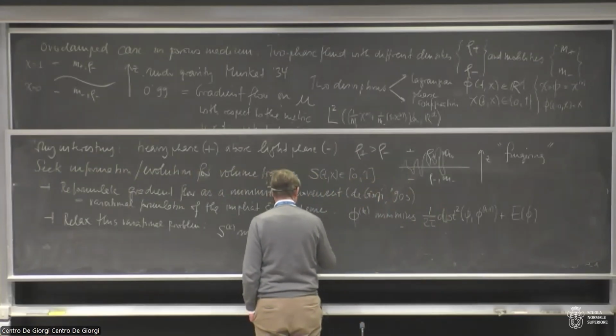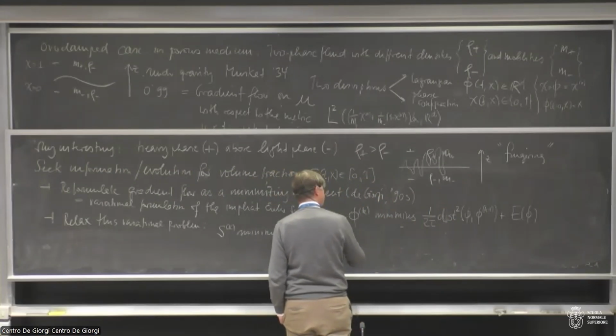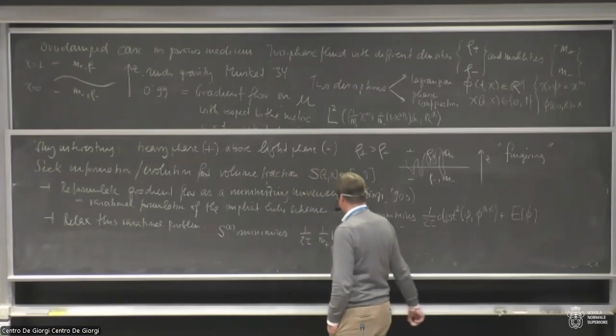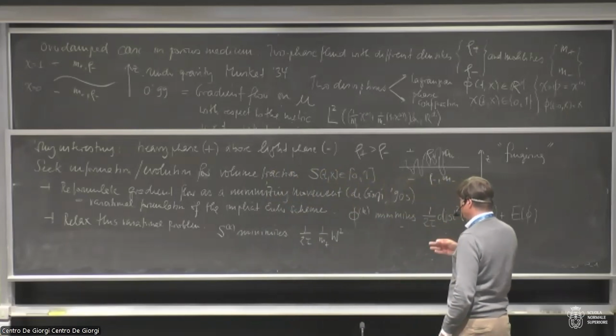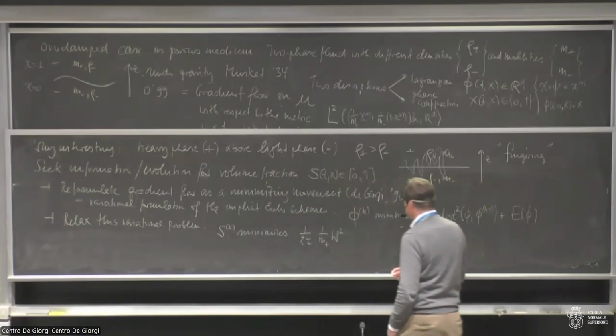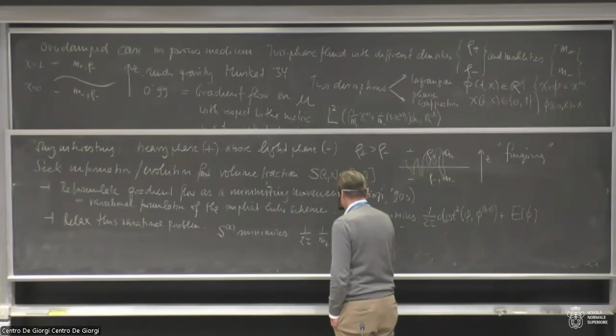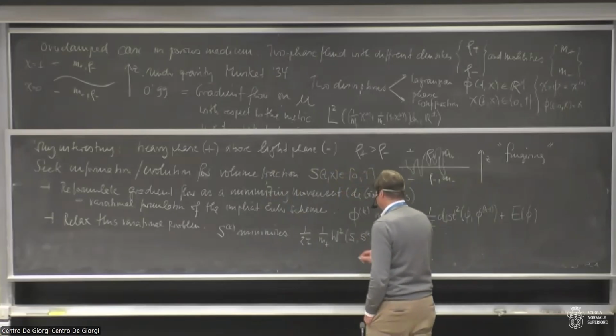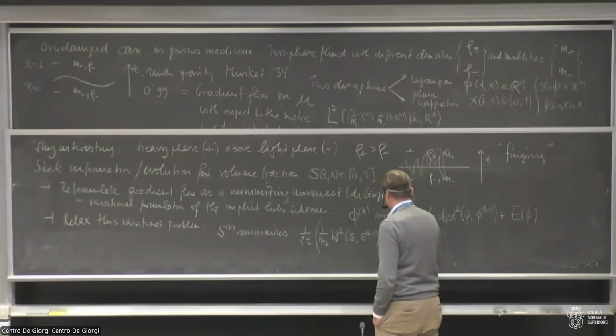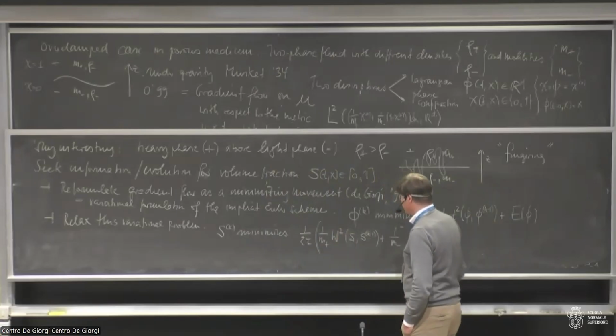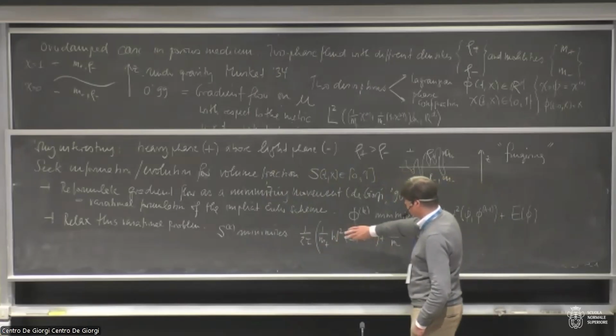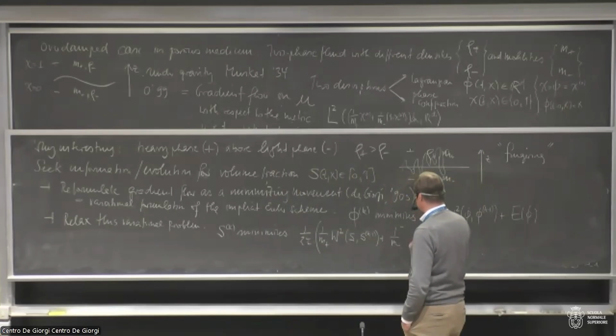So 1 over 2 tau, that's built in. And then it's 1 over m plus times what is called the squared transportation Wasserstein distance between S and S_{k-1}, plus 1 over m minus times the squared distance between 1 minus S and 1 minus S_{k-1}. Remember that those are the mobilities, so it's not surprising that the reciprocal comes up in the distance function.